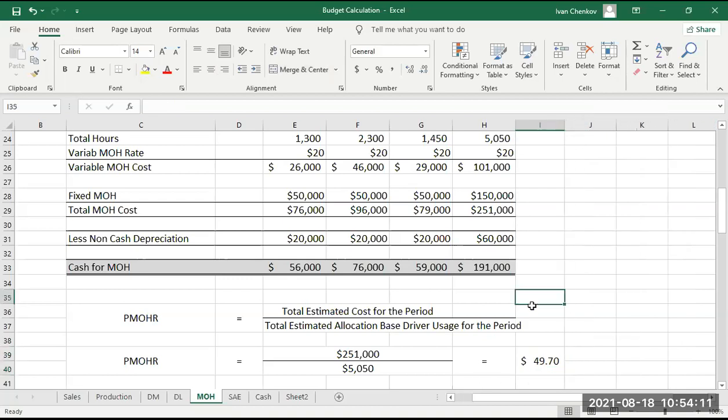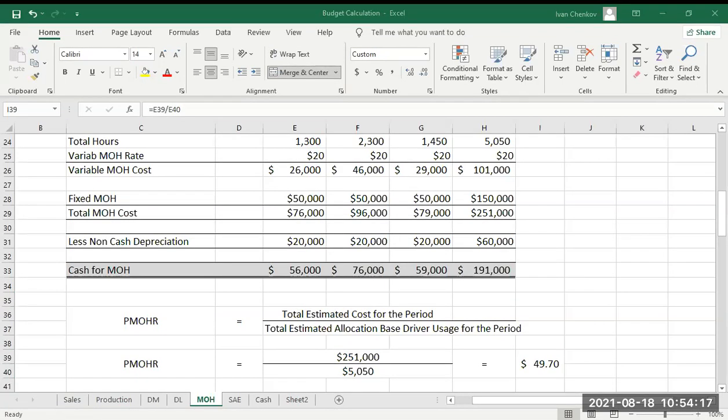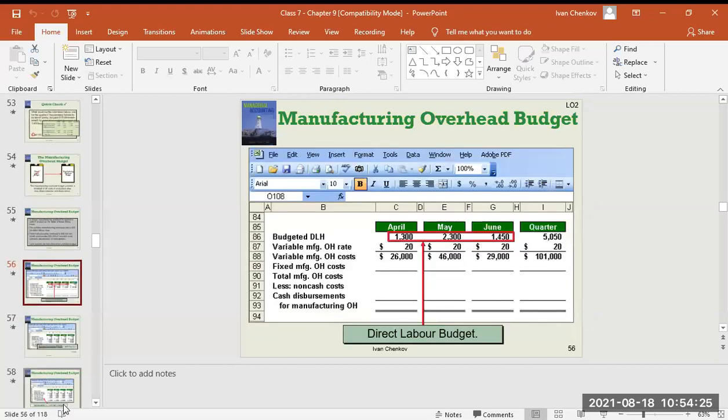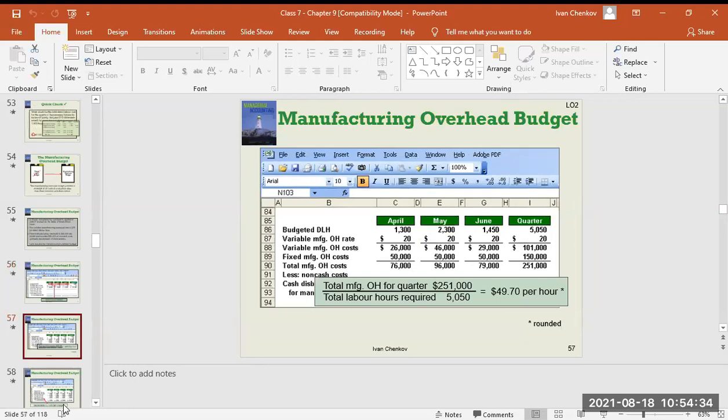So if you have to work later with that number, we have this number available. So let's move to the slides now, and let's see what the slide says. On this budget, again, it's very straightforward. We get the budgeted hours, which are calculated by the actual hours, and we get the total cost.